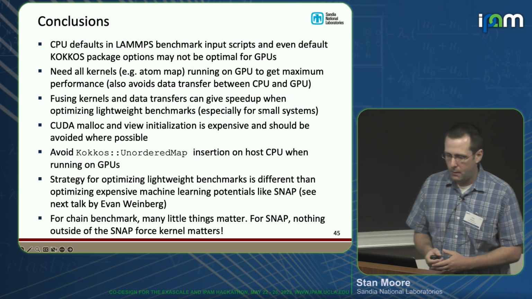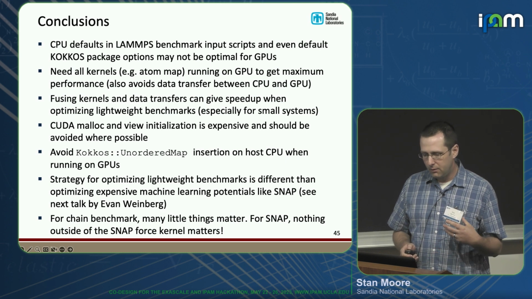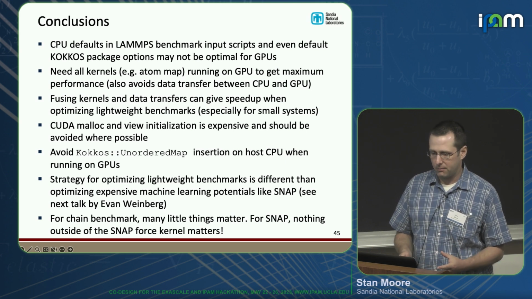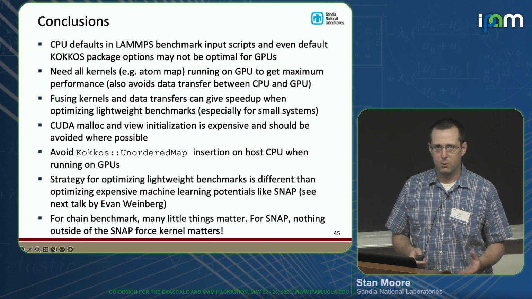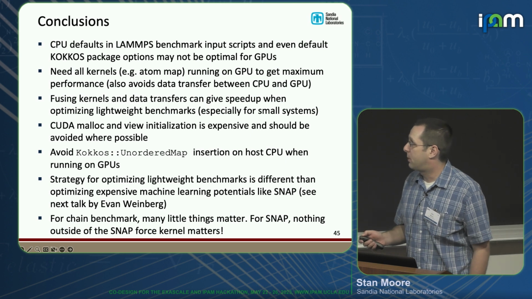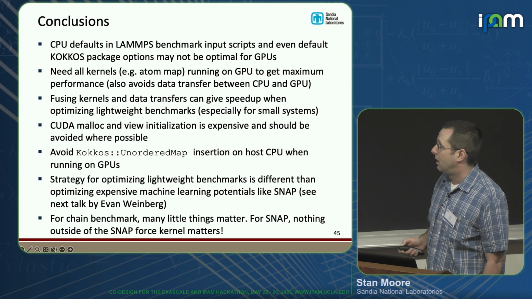Okay, so in conclusion, this really shows that even if your potential in LAMMPS is ported to Kokkos, even if you're running the best defaults that we have, you may not be getting the optimal performance. You may need to tune the parameters, either in the input script or even the Kokkos package options for GPUs.